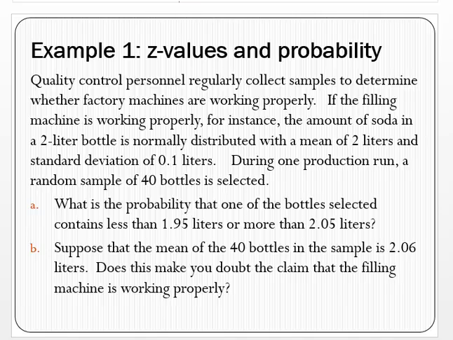So if the machine is working properly, the amount of soda in a 32-ounce bottle, which is the example I'm doing, is normally distributed with a mean of 32.2 ounces. Usually things are slightly overfilled. The standard deviation is 0.3 ounces, and that will be in the problem below.